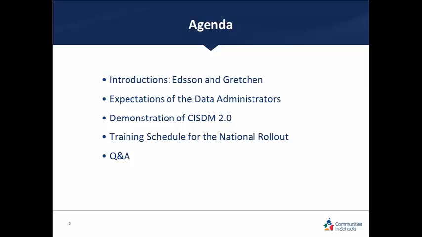So, we're really excited to round out the school year. We're finishing up some of the development now to match the end of the school year processes that we have at Communities In Schools. And we're making some changes for next year too. So we'll show some of that within the demonstration of CISDM 2.0.